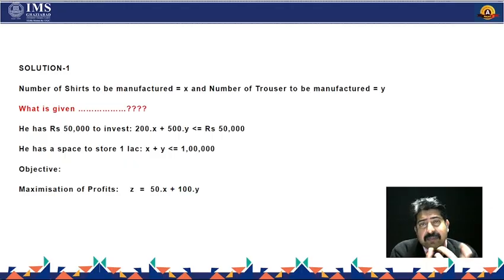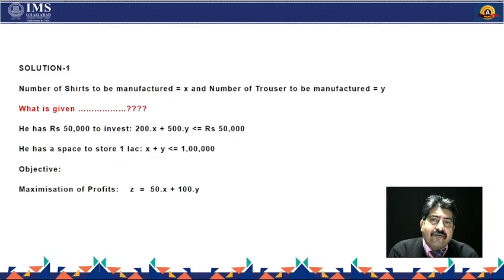And what is the capacity? The capacity is 1 lakh units. So the number of shirts plus the number of trousers together can be kept in the warehouse up to 1 lakh, not more than that. Up to 1 lakh means 10,000, 15,000, 20,000, 90,000, any number of shirts and trousers, but up to 1 lakh.